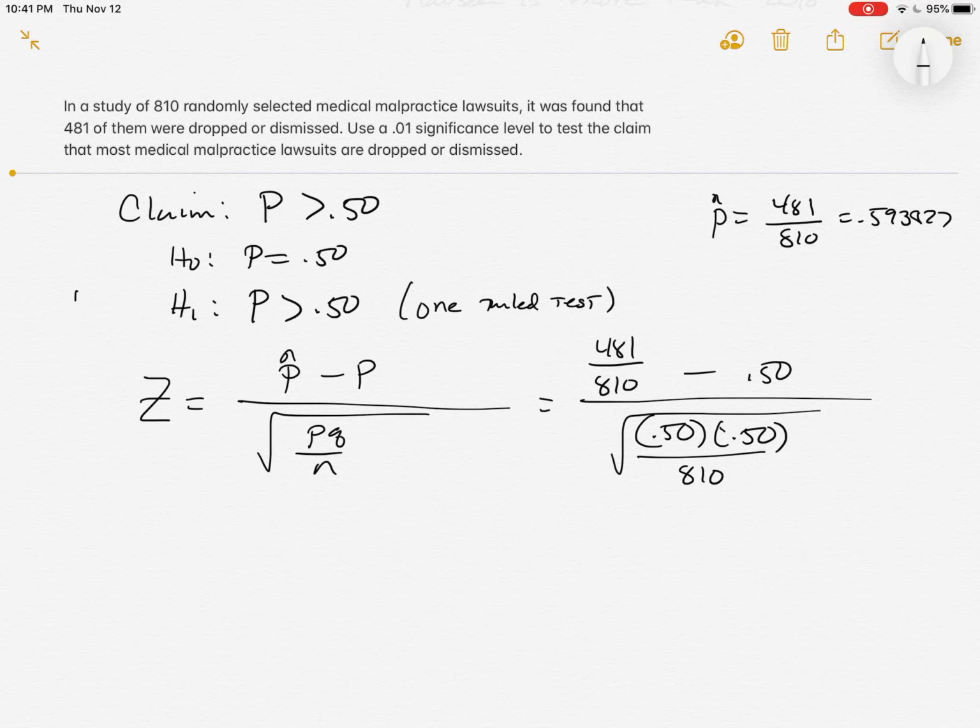481 divided by 810 minus 0.5 equals, divide by the square root of 0.5 times 0.5 divided by 810. Oops, I forgot my parentheses, so I'm going to have to go back and put in a parenthesis. So give me a second.